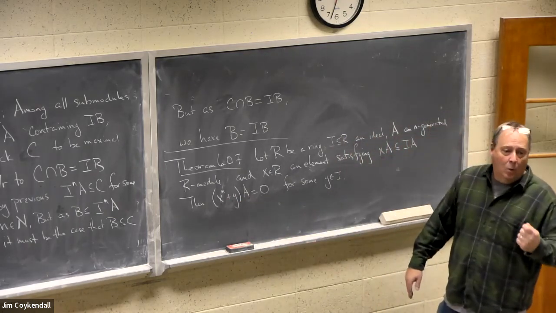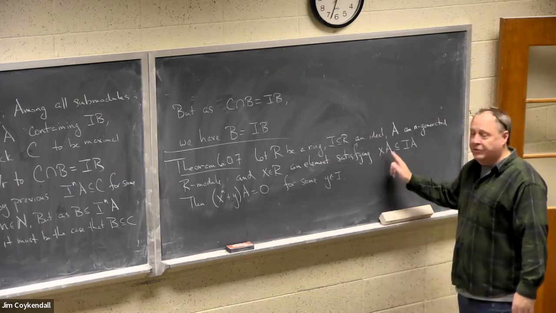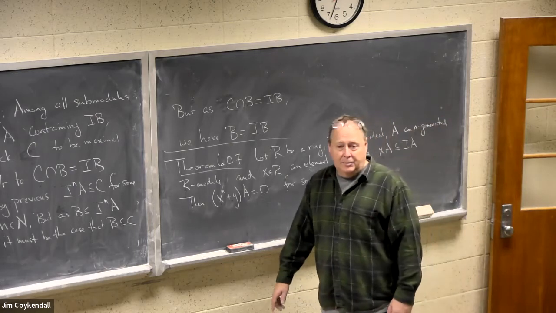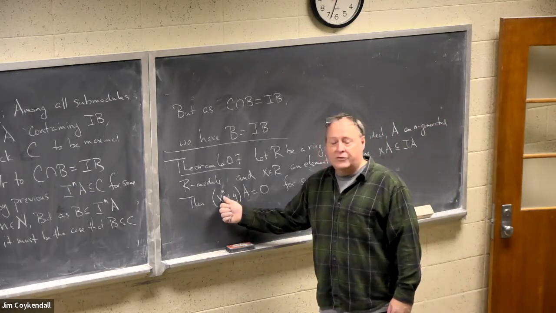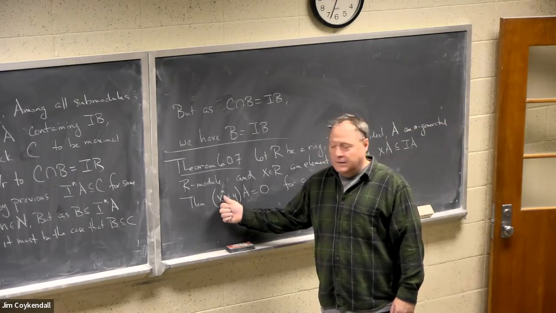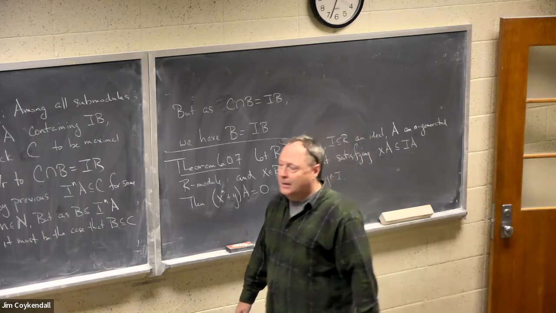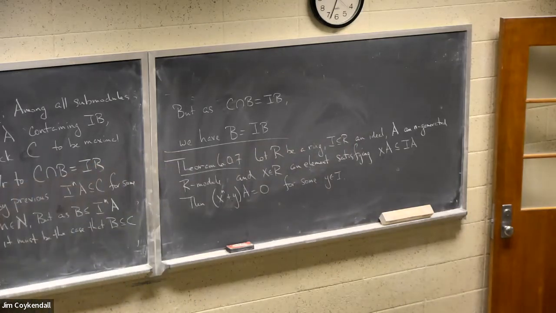For example, what happens if X itself is already in I? Then in this particular case, you could just take n to be 1 and y to be negative X, right? So this is sort of measuring how close a power of X is to being in I, loosely speaking.